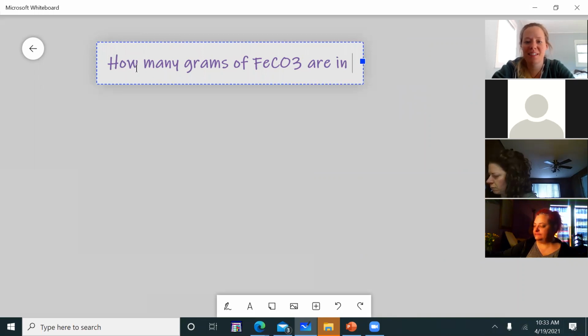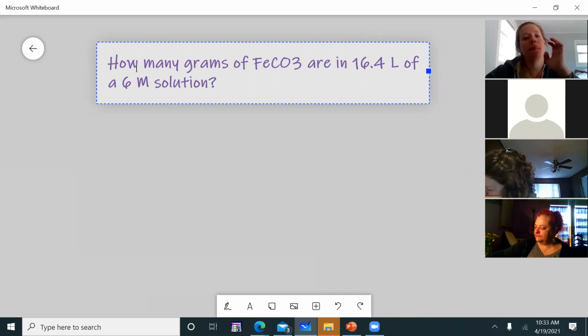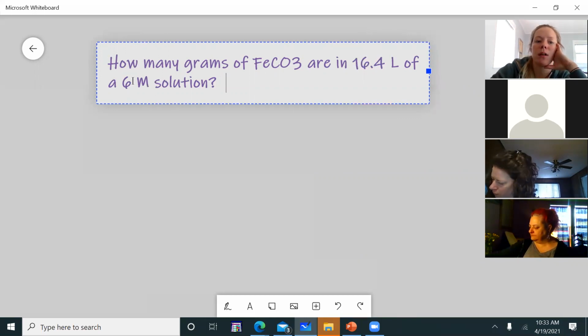How many grams of FeCO3 are in 16.4 liters of a 6 molar solution? How many grams of FeCO3, which is going to be your solute, are in 16.4 liters of a 6 molar solution? And I'll make that 6.0 so we can have 3 sig figs.